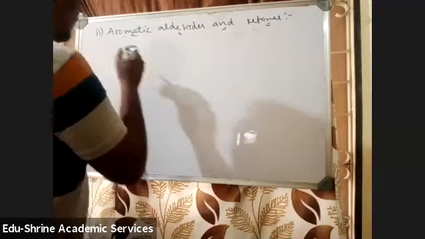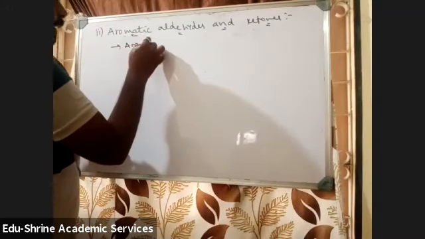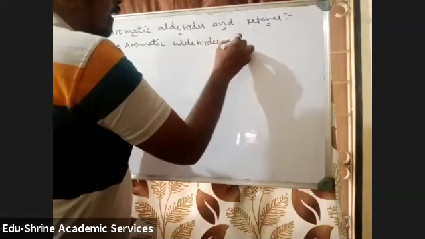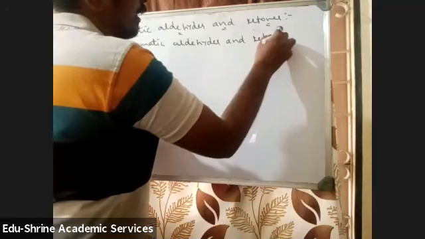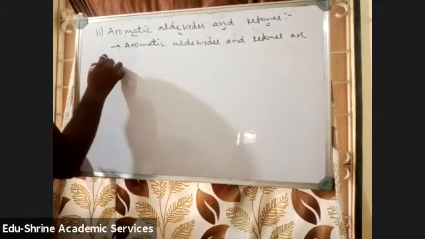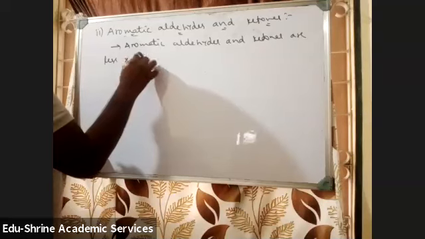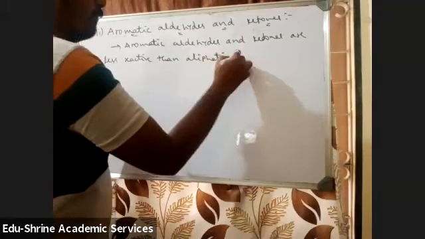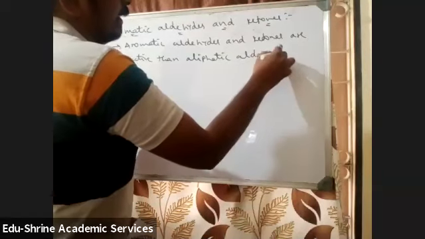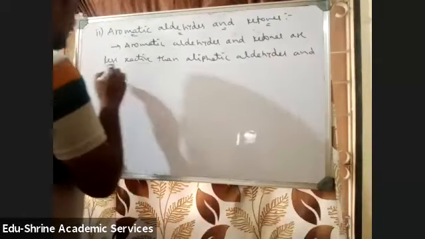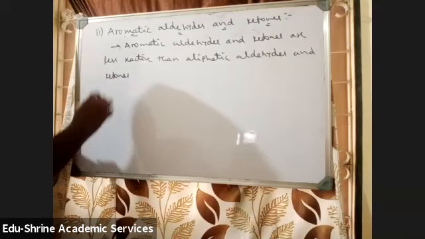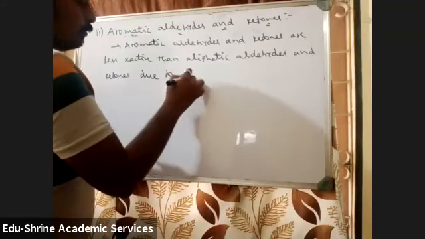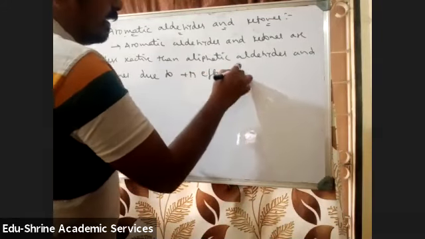Okay? So we can make a point here. Aromatic aldehydes and ketones are less reactive than aliphatic aldehydes and ketones due to the plus M effect of the benzene ring.